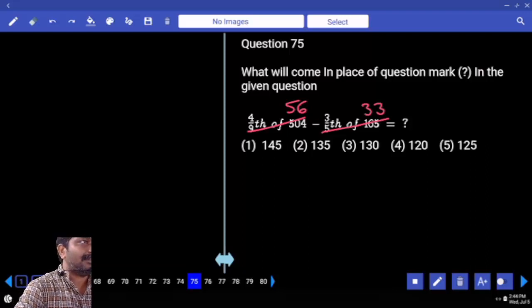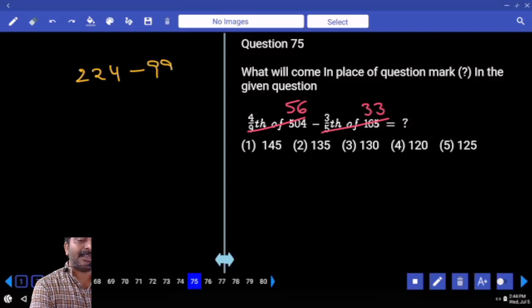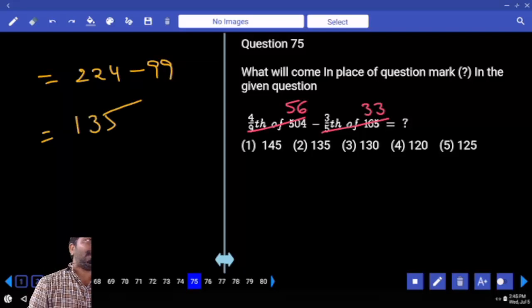Double double. Or otherwise reverse multiplication. 4 times of 50, 200. 4 times of 6. From that 3 times of 33. Instead of 99 you subtract 100, add 1. 135.